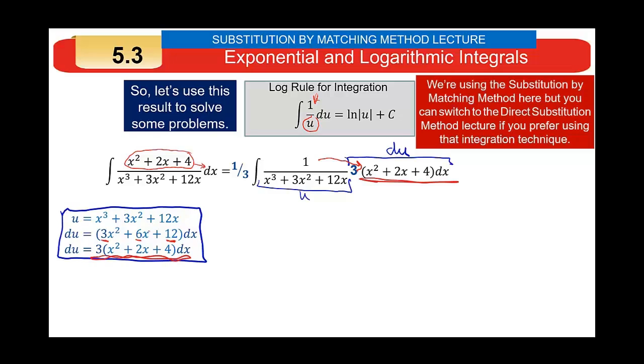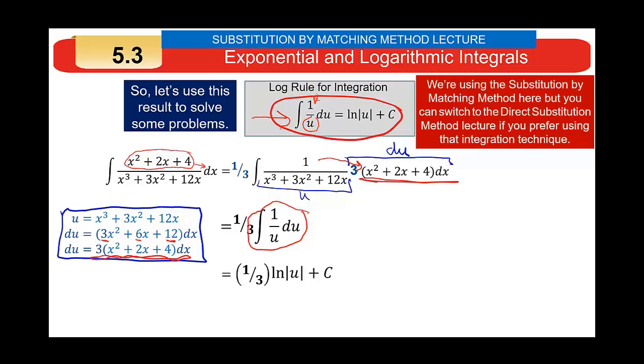And now I can take all the x's out. Don't forget the 1/3 out front. And I get 1/3 the integral of 1 over u, and everything to the right of the fraction is part of the differential du. So what looked like a messy problem is actually not so bad. Now that I've got the integral of 1 over u du, I simply apply my log rule for integration formula and write that as the natural log of the absolute value of u plus c, not forgetting the 1/3 out front.